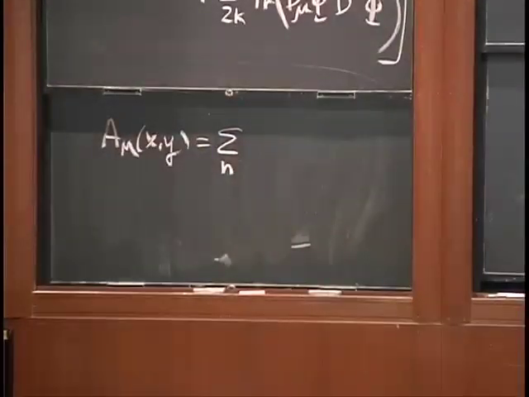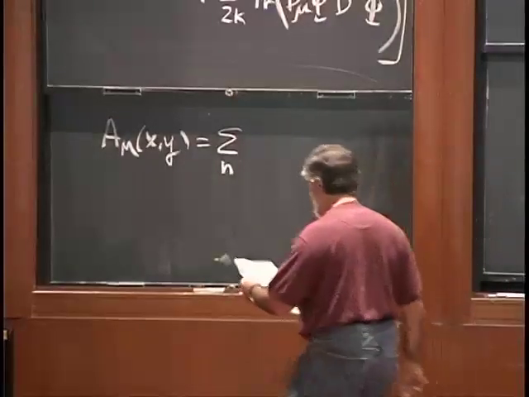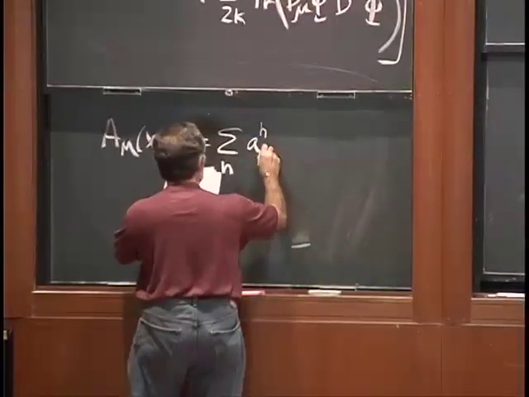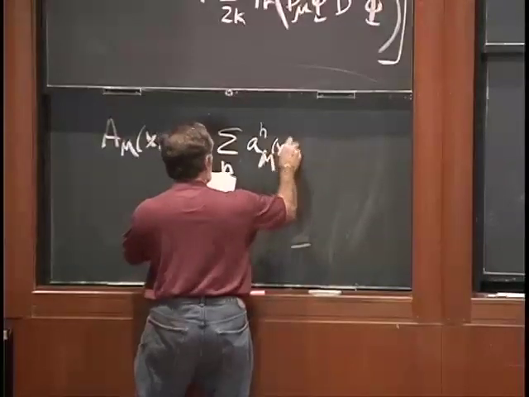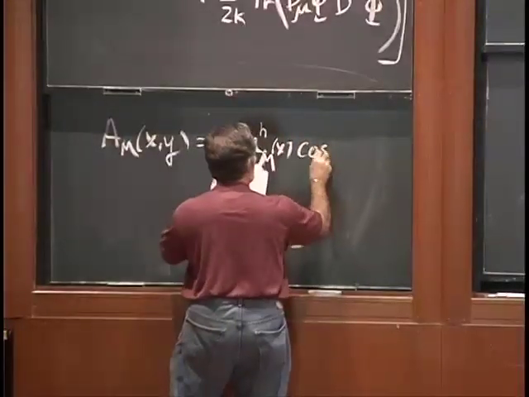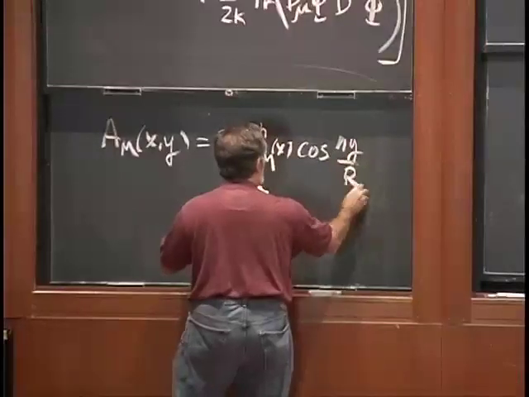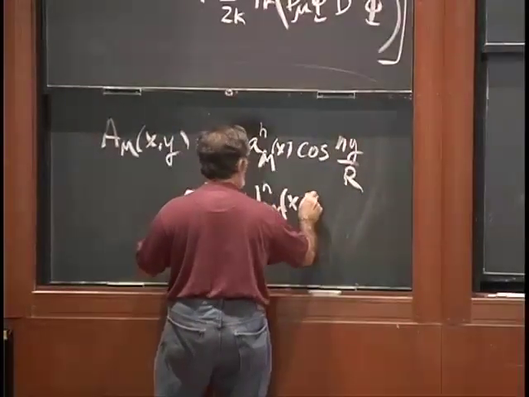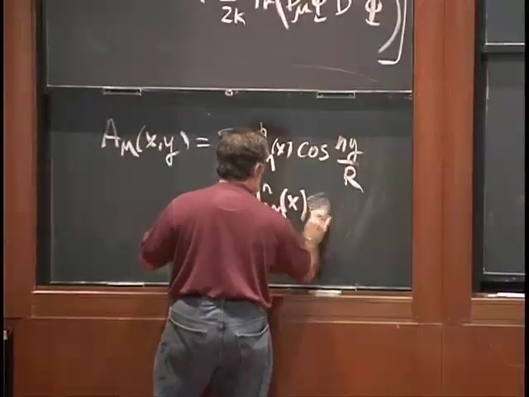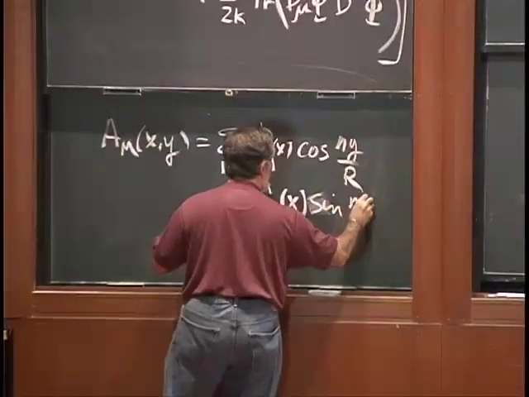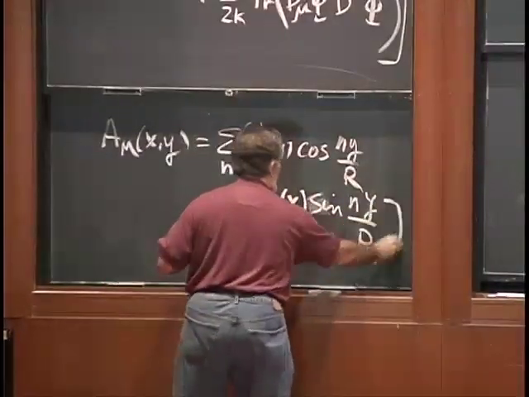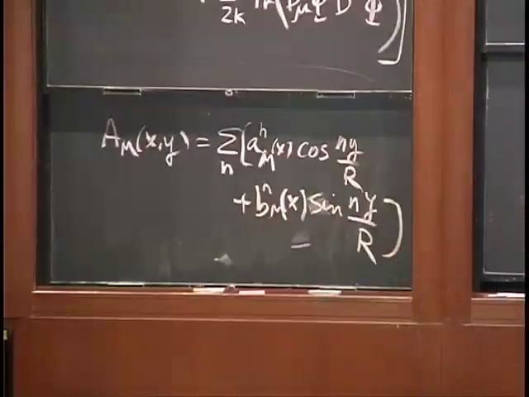Since the y degree of freedom is a periodic degree of freedom, this has to be a periodic function of y, and you can rewrite it as a sum over modes of the following form: A_M^n of x times cosine ny divided by r plus B_M^n of x times sine ny divided by r. So this is the complete Fourier expansion of this periodic function of y in terms of its modes.